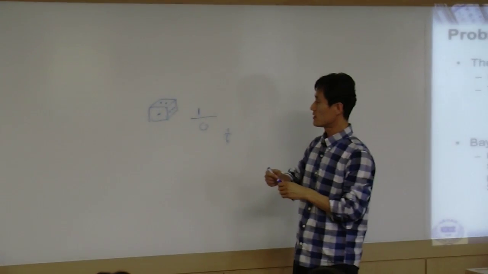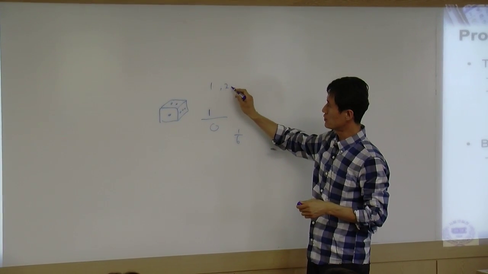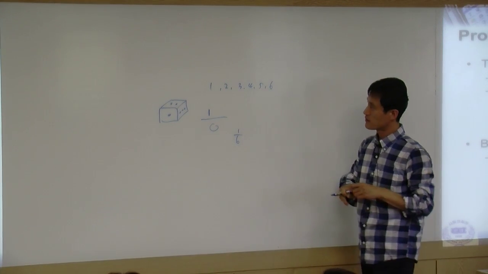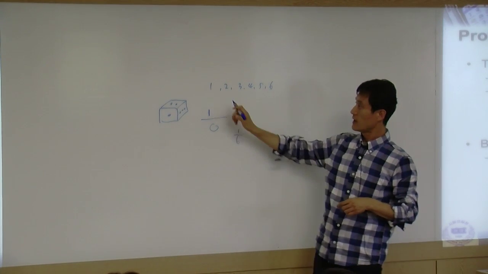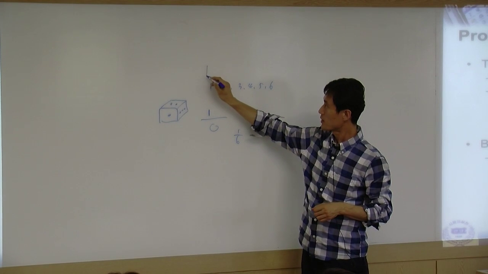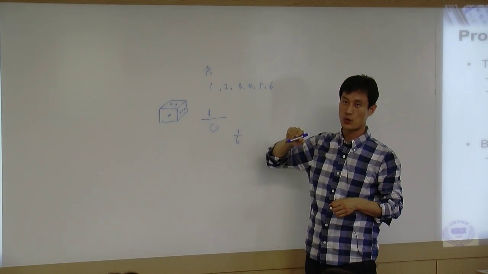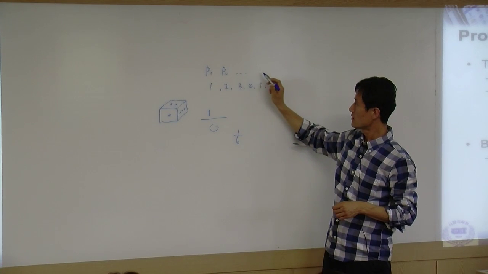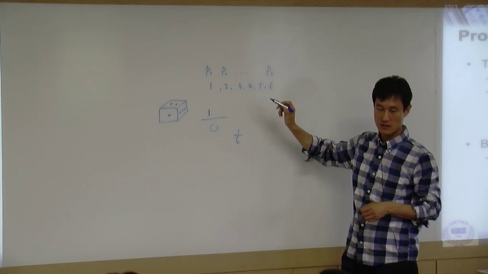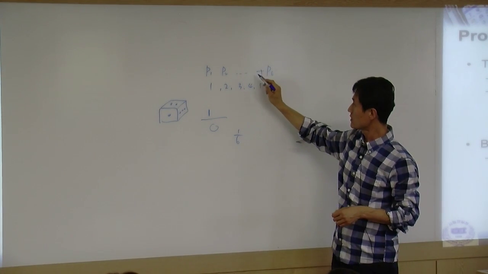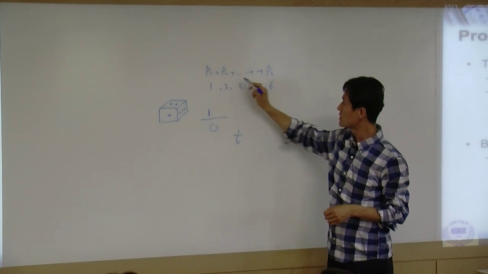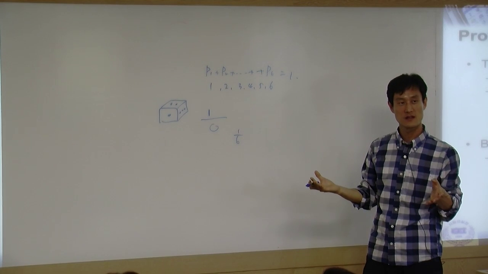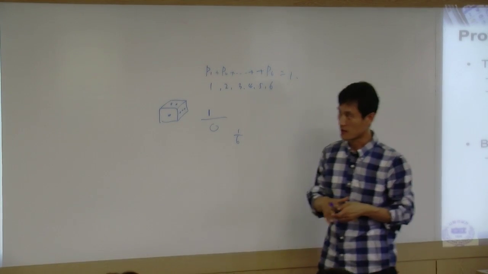Dice will give you 1 or 2, 3, 4, 5. We know that, right? The probability that you're gonna get 1, the probability that you're gonna get 2, the probability that you're gonna get 6, and when you add it all together, what's gonna be? 1, right? Because this is a total case. That is a total probability.